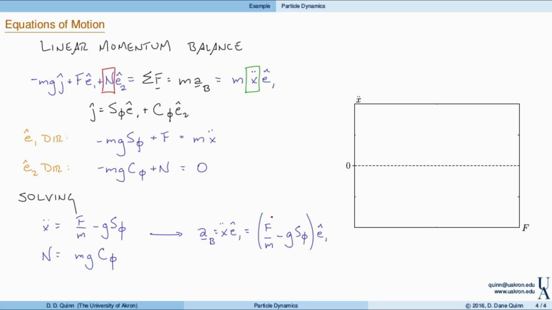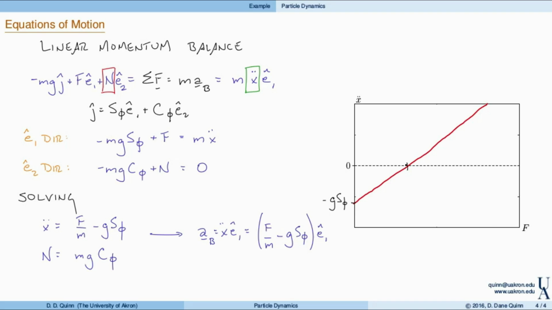Notice that if F is 0, the acceleration is negative, minus g sine of phi. And as F increases, the acceleration just increases linearly. So this value is minus g sine of phi, right, when F is equal to 0.